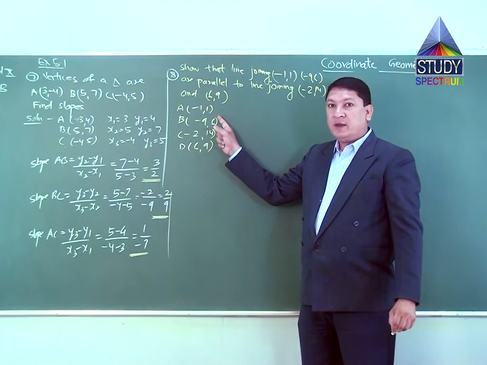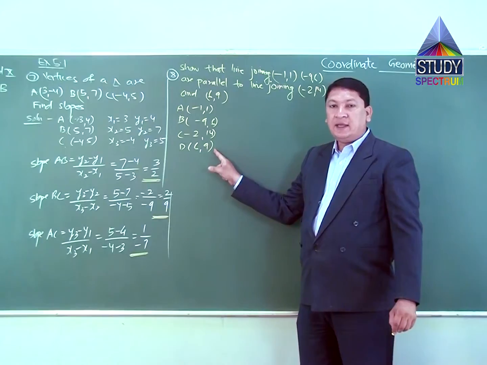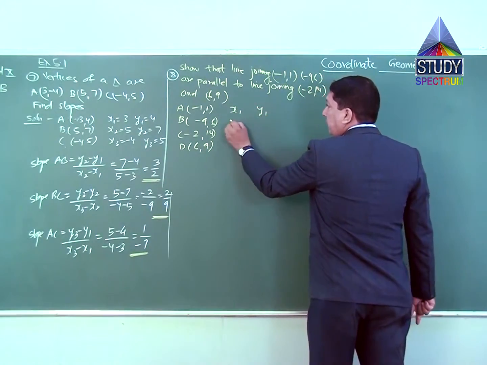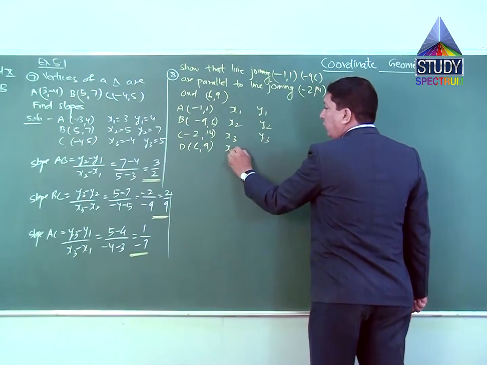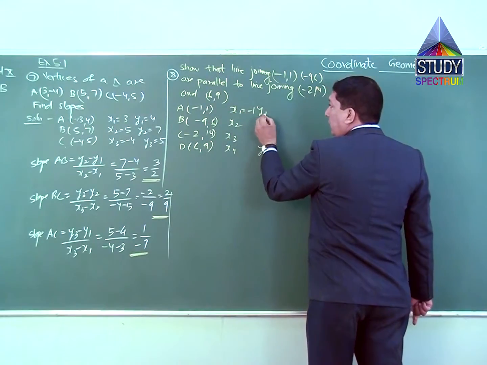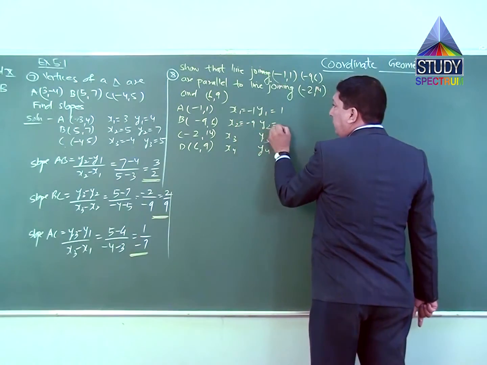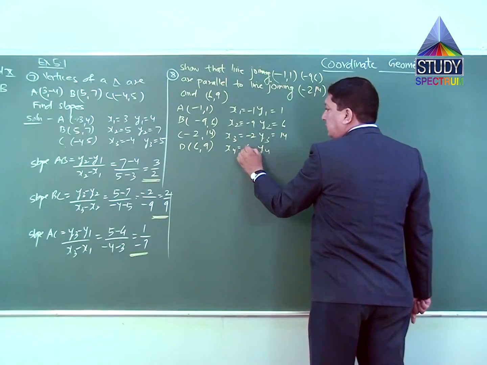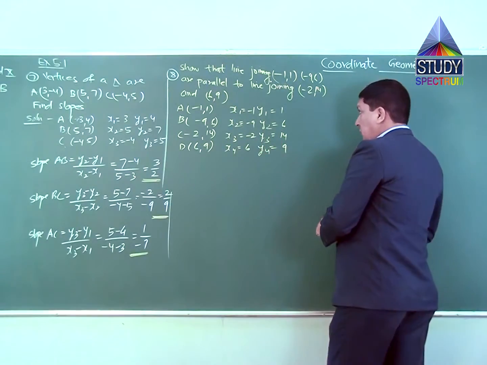A -1, 1, B -9, 6, C -2, 14 and D 6, 9. x1, y1, x2, y2, x3, y3, x4, y4. Now x1 -1, y1 1, x2 -9, y2 6, x3 -2, y3 14, x4 6, y4 9. We can identify values. We'll find out now.